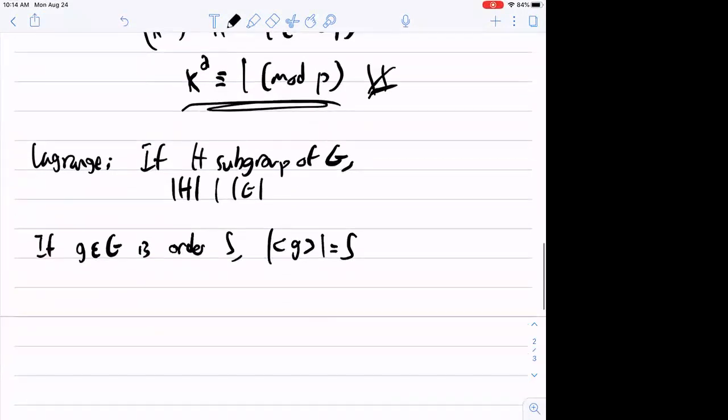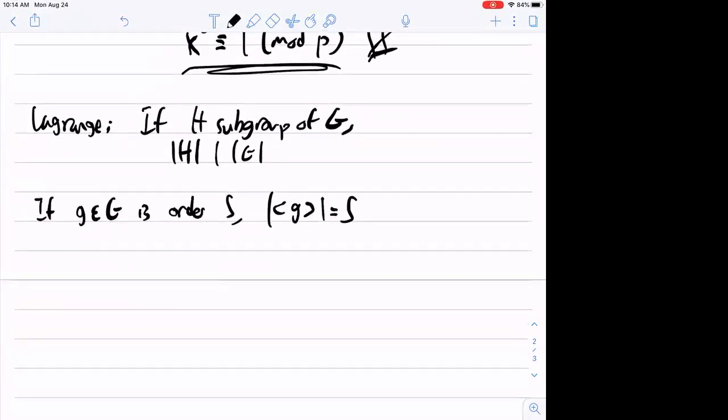I showed this last time, right? And if h is of order 7, the order of the subgroup generated by h is 7, right?